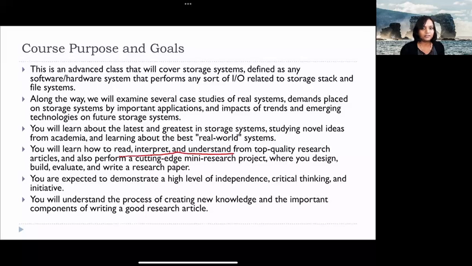These research articles are either very traditional old articles that have changed the way we look at storage systems, or they could also be something very new, where people are able to solve some of the emerging research problems. So by reading these articles, we are learning the techniques as well as the methodology of how to think, how to solve problems.